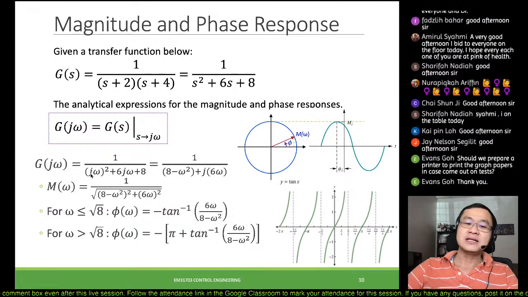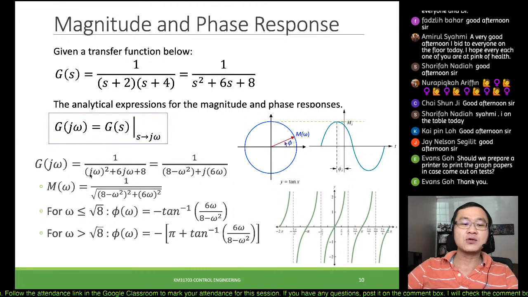So in this way we will get a minus omega squared. This is how we obtain a minus omega squared over here. Then this 8 remains. So we group this, and this is the imaginary part.